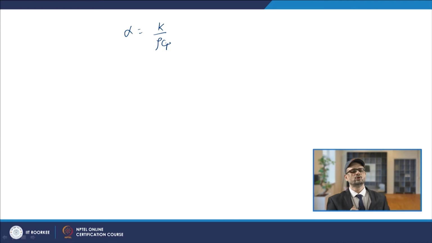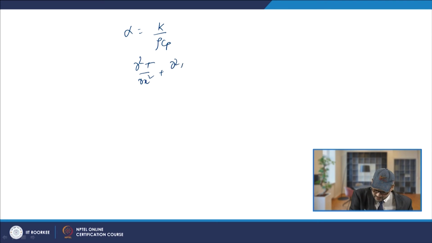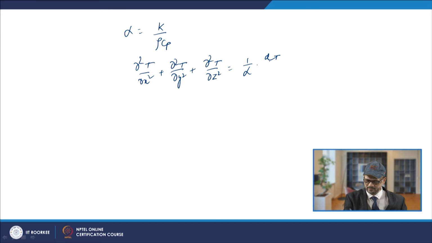So if you take alpha as k by rho Cp, your equation can be written, the Fourier equation, as dou square T by dou x square plus dou square T by dou y square plus dou square T by dou z square, equal to 1 by alpha into dT by dt. This is known as Fourier's equation of three dimensional heat flow.